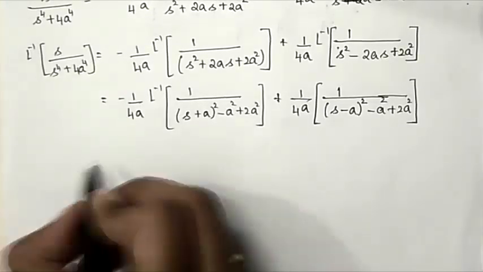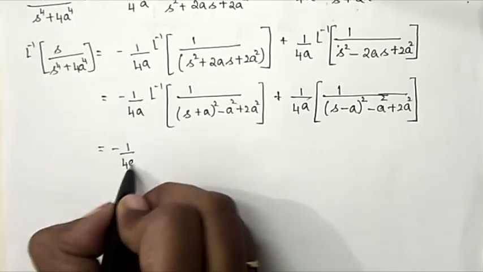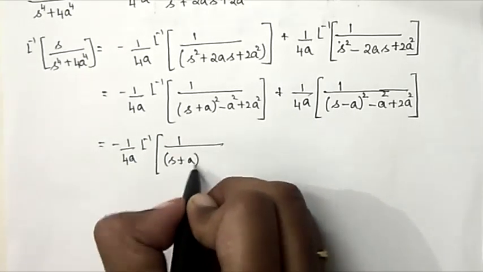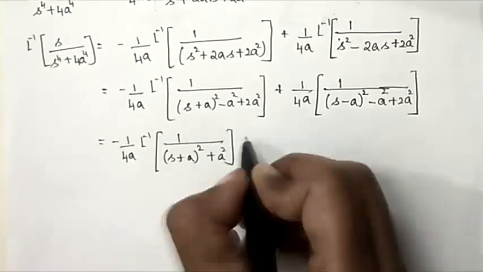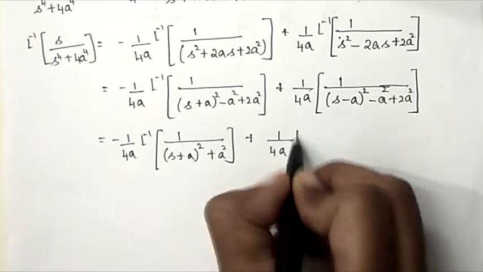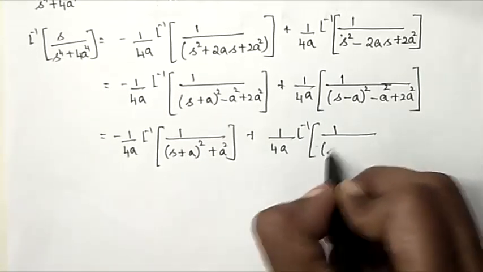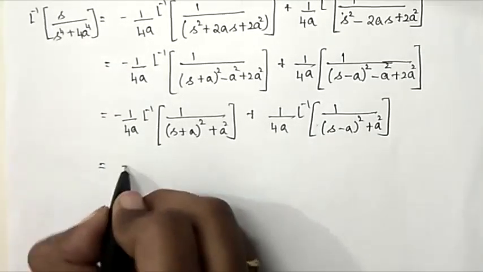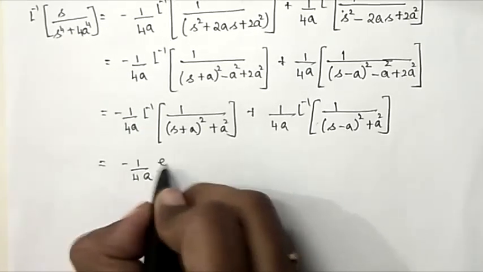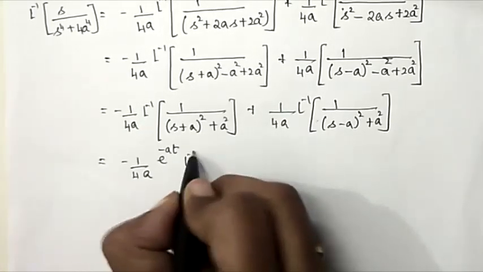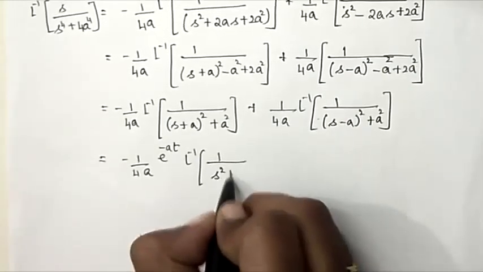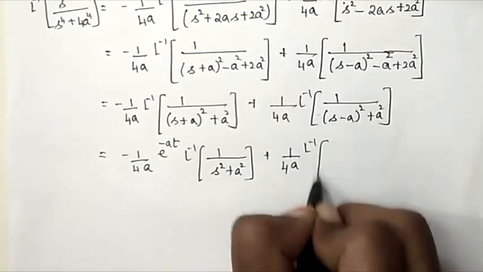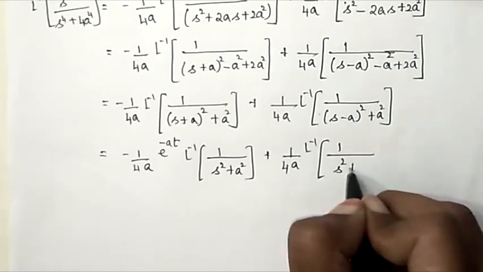So this will be equal to minus 1 by 4a L inverse of 1 by (s plus a) whole square plus a², plus 1 by 4a L inverse of 1 by (s minus a) whole square plus a². So we see that this is equal to minus 1 by 4a e power minus at L inverse of 1 by s² plus a² plus 1 by 4a L inverse of 1 by s² plus a².